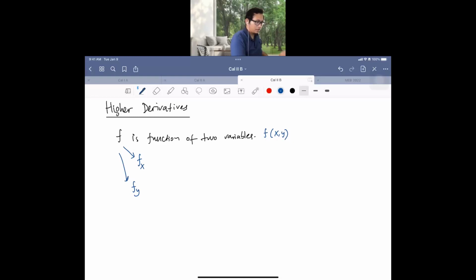Now if we take the derivative one more time, we have partial x x, and partial x y, or partial y y, and partial y x.